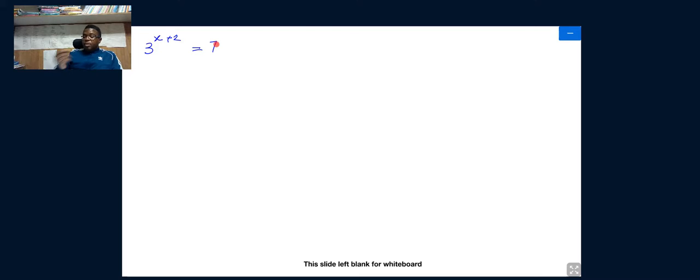I just want to demonstrate how logs work, because after this lecture anyway, I'm going to do equations. We are going to introduce and take a log both sides. Log 7.